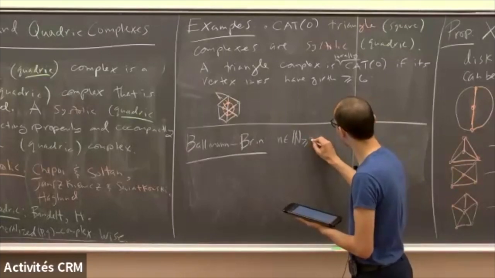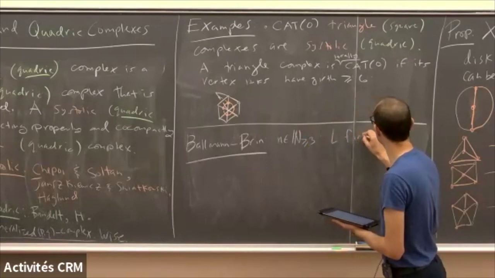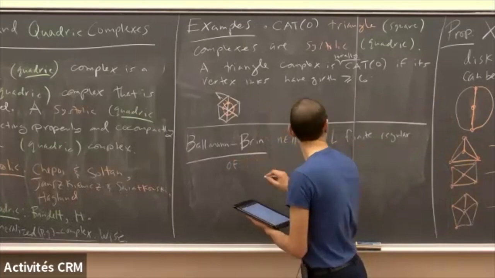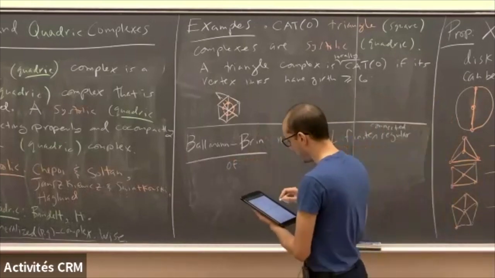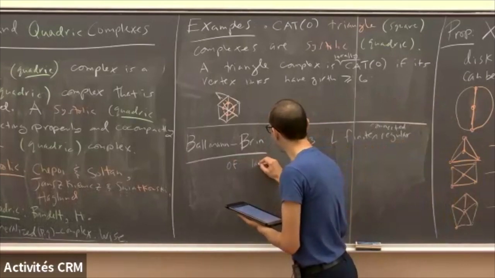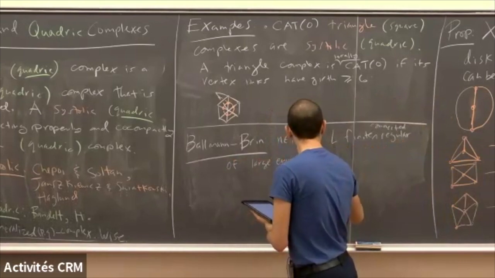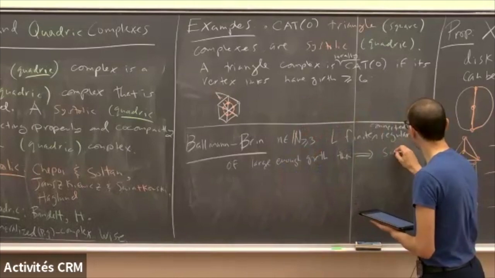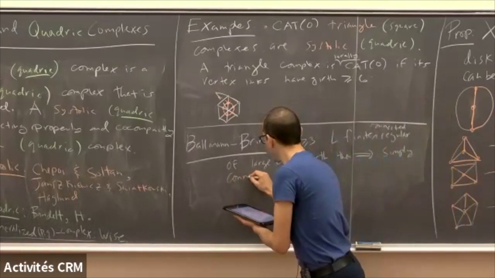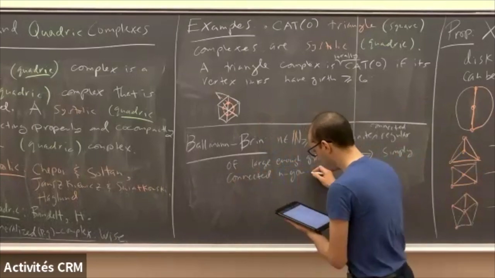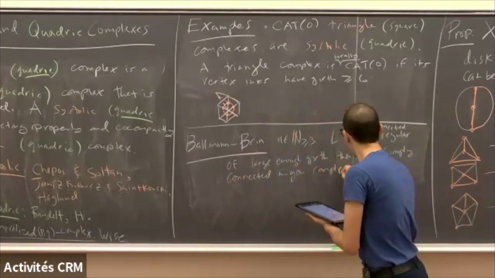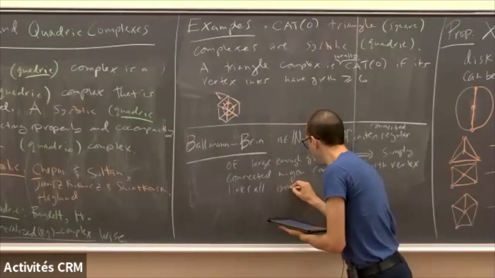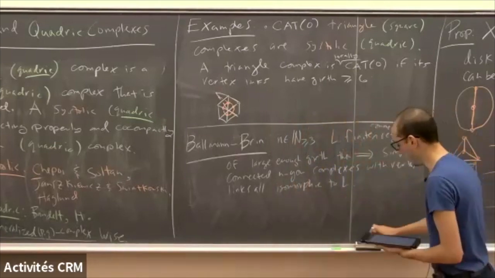For any n, if L is a finite connected regular graph of large enough girth, then we can obtain simply connected, in fact contractible, n-gon complexes with vertex links all isomorphic to L. In fact, they show that you can get uncountably many.